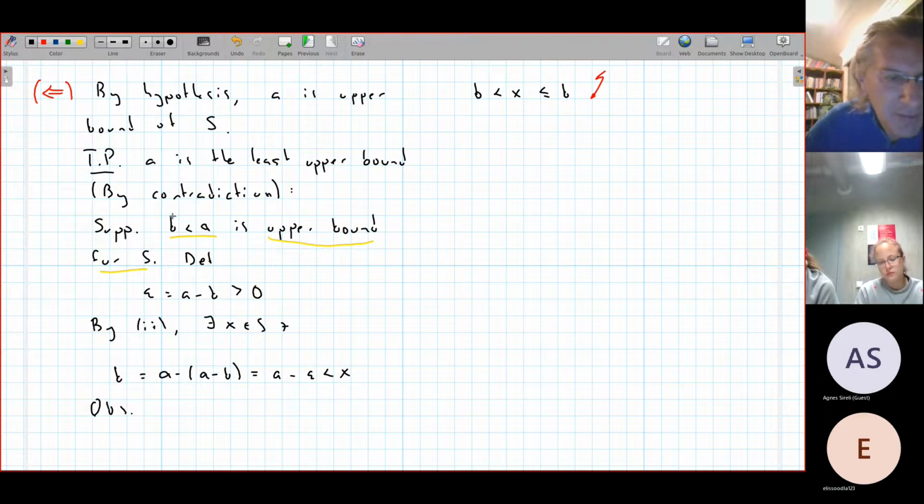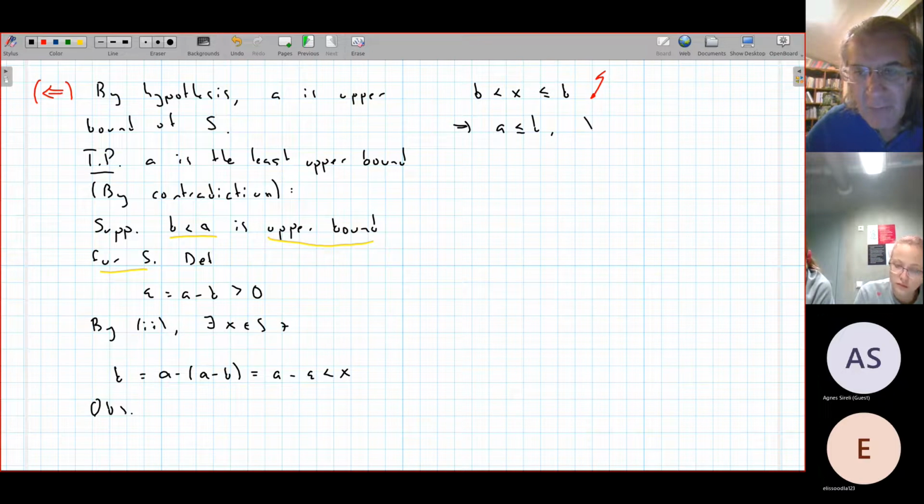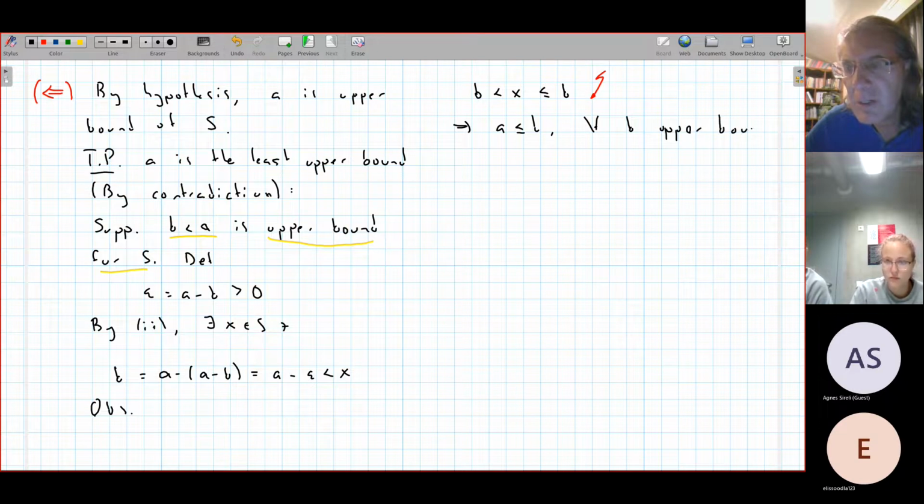We obtain the contradiction because we supposed that B is less than A. So in other words, it must happen that A is less than or equal to B for every B which is an upper bound of S.